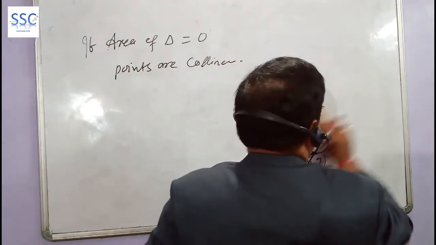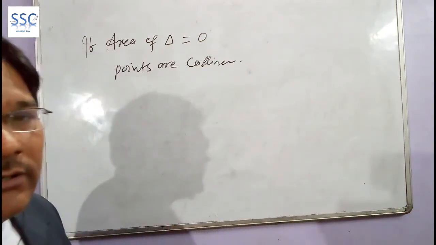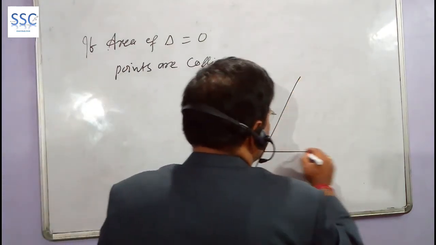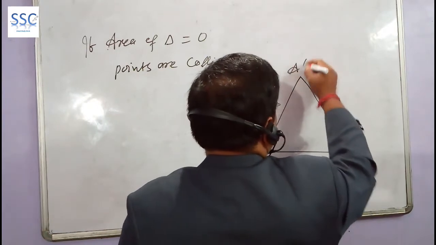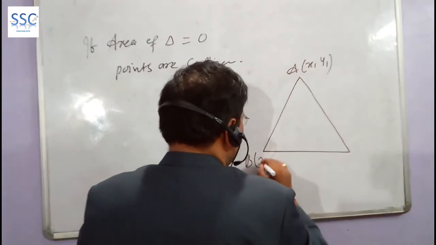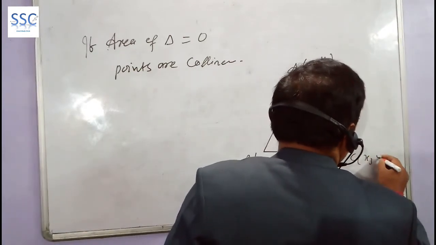Now the third and last one: sometimes we have to find the coordinates of the centroid of a triangle with vertices A (x1, y1), B (x2, y2) and C (x3, y3).